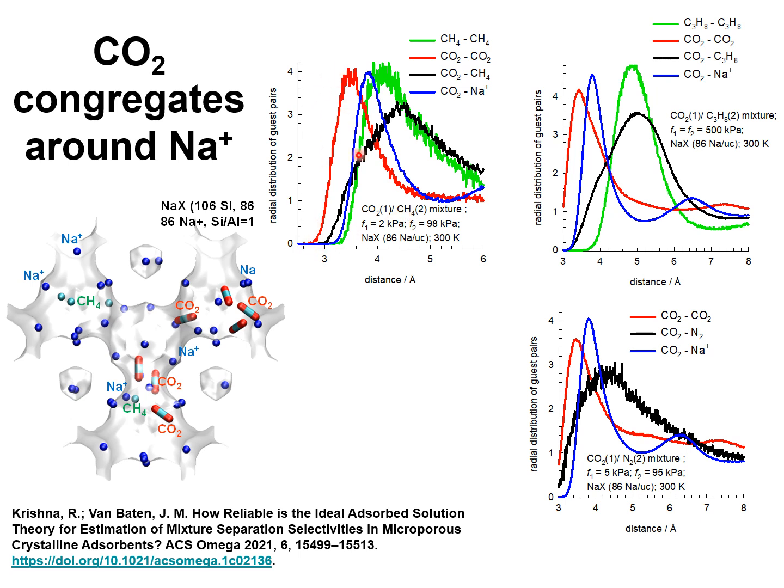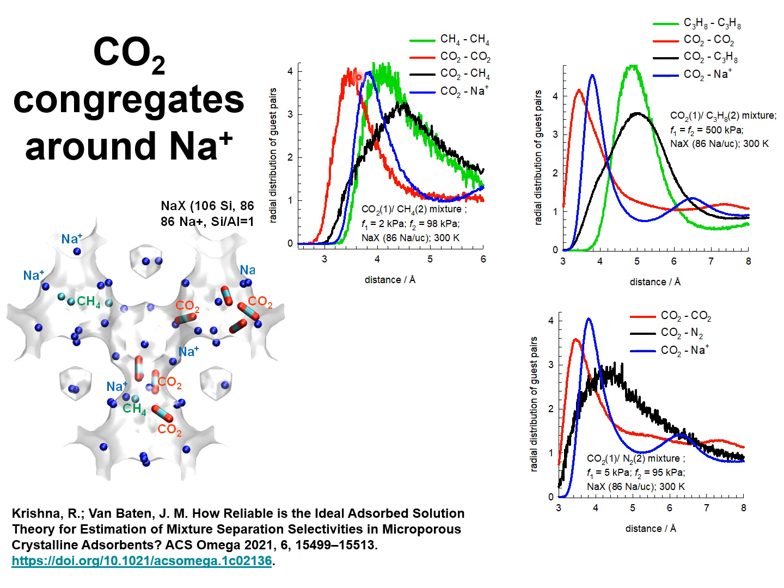The red curve shows the distances between CO2 pairs. The blue line indicates distances of CO2 from the extra framework cations. The green line shows the distance of separation between pairs of methane molecules, and the black line shows the distance of separation between CO2 and methane.